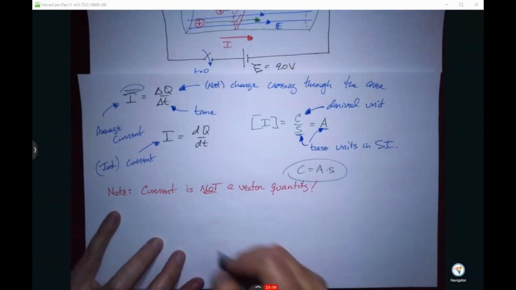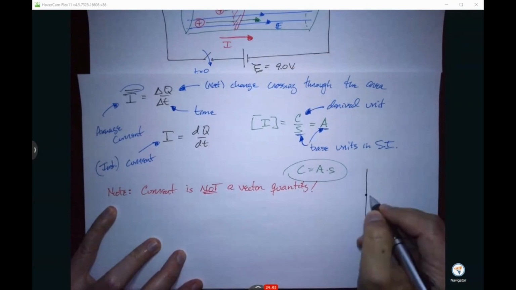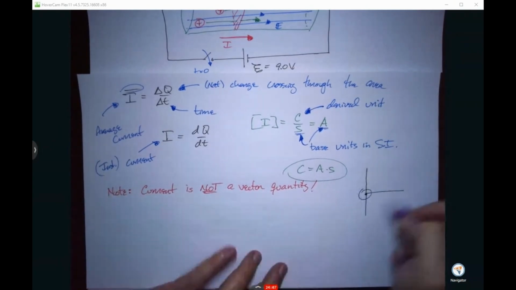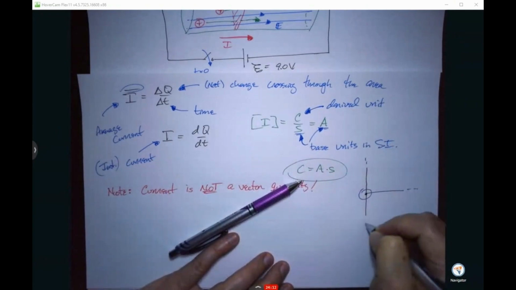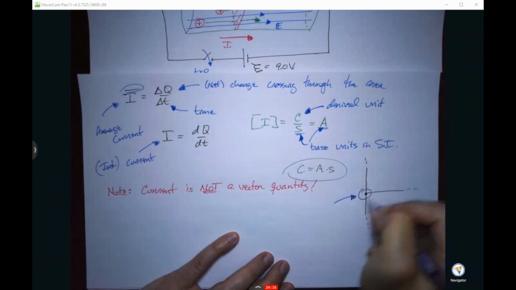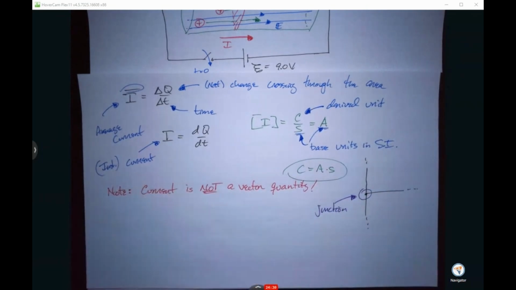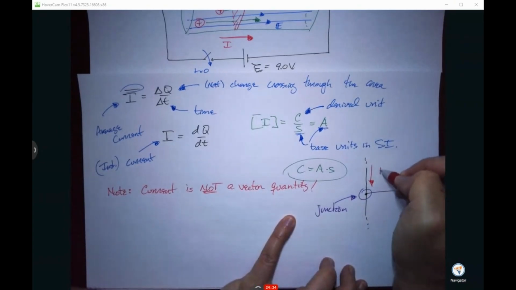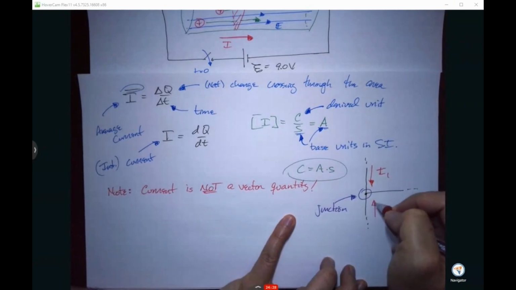If we look at a circuit piece, and we have a junction, so this is going to be a junction in a circuit. We have our wire segments, and they would continue on. I didn't draw anything, but at the junction those are supposed to continue on. Then the current will flow into the junction on this upper wire segment. Let's call it I1.